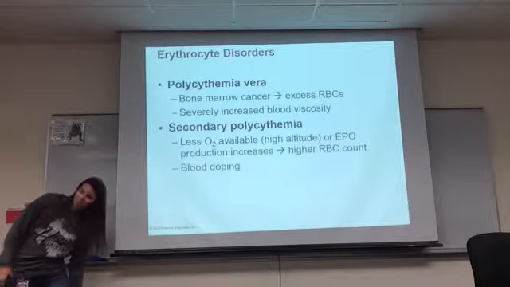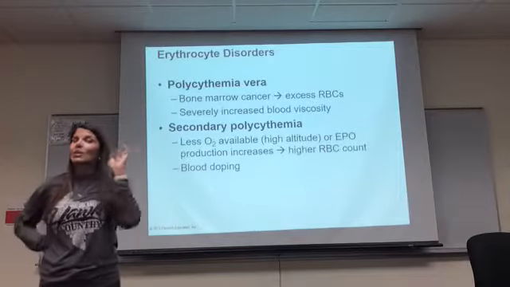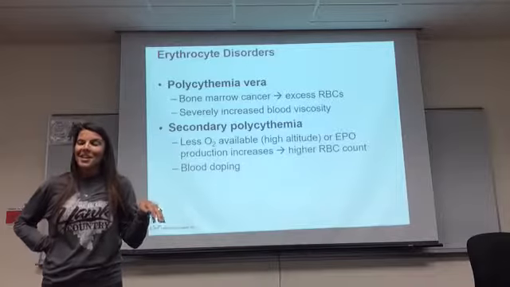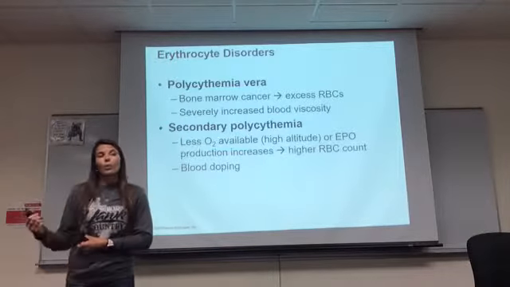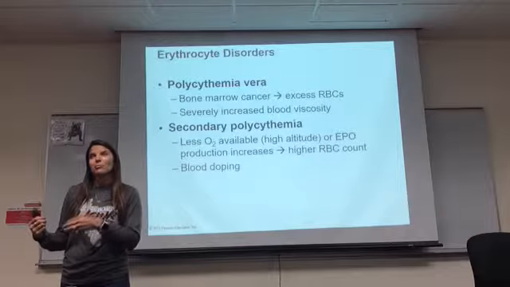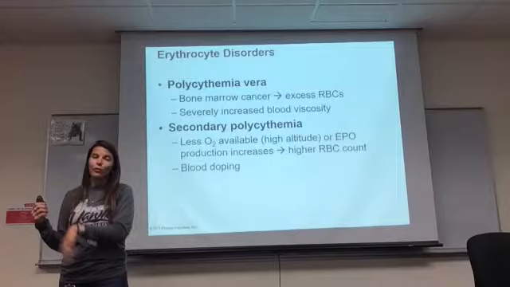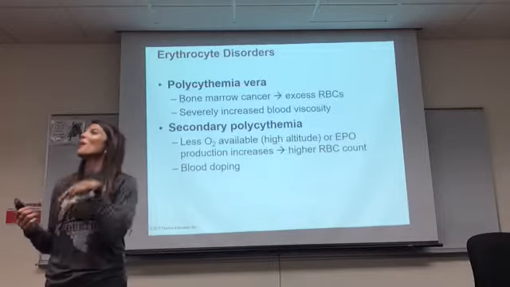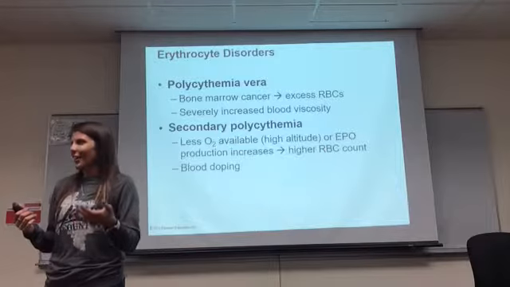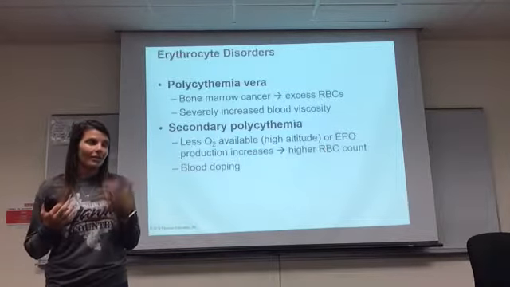Secondary polycythemia is caused by blood doping, so let me tell you how. This is not artificial EPO. Athletes draw their blood out months before a competition, and then they freeze it in a cryogenic freezer, and right before the event they inject themselves back with their own red blood cells.